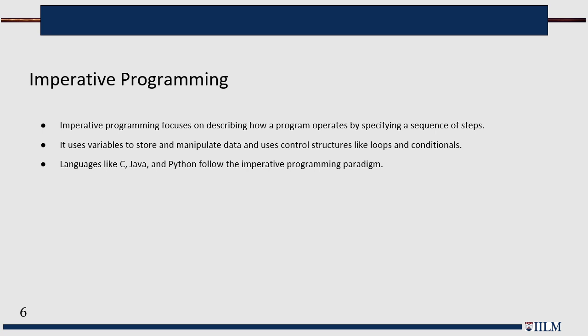Generally this programming paradigm describes how a program operates by specifying a sequence of steps. This is a classic approach where the programmer gives step-by-step instructions to the computer, telling it exactly what to do and how to do it.